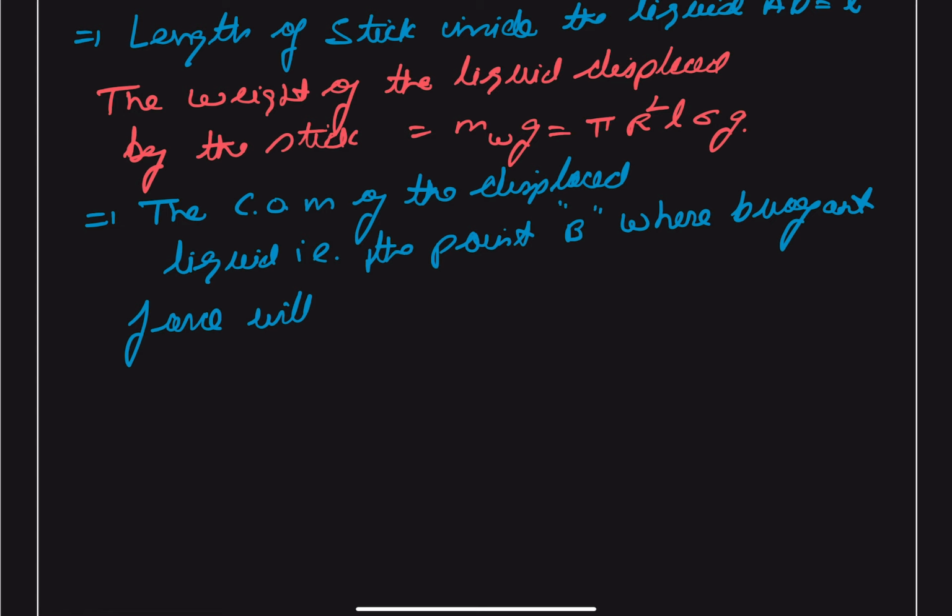So we can call that length AB, and AB will be equal to the length inside the liquid divided by 2. And this, please remember, everything is calculated with respect to point A.